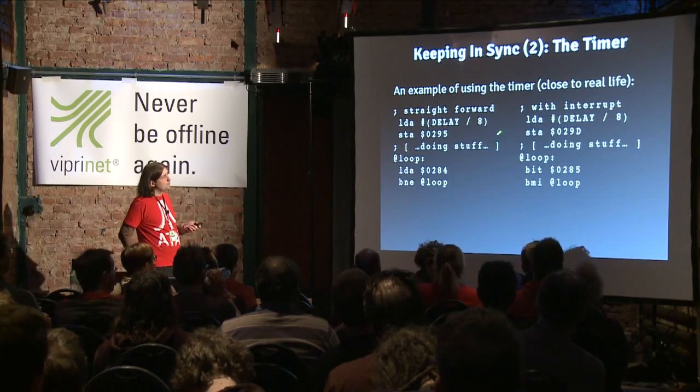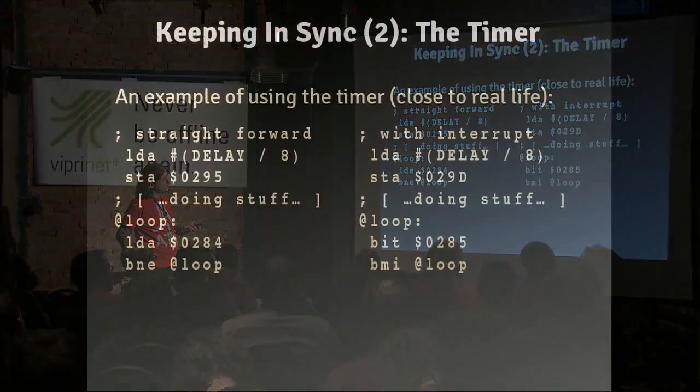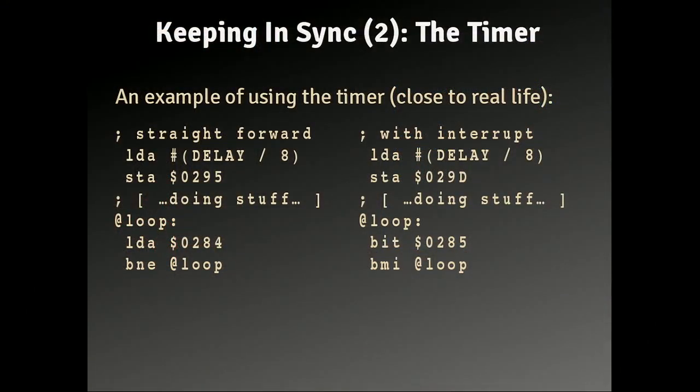So there's a better way to do this. You start again with the same, and this time we add 8 to the address, so we're going to do it with the interrupt. We are not capable of receiving interrupts, but we can read the interrupt state of the RIOT chip. So once the interrupt occurred, we are through.